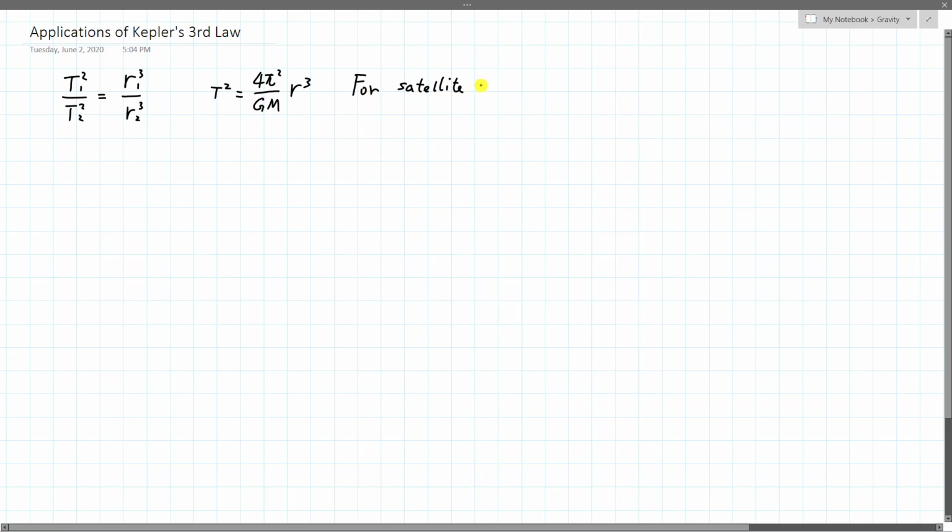So for satellites orbiting a planet, then M is the mass of the planet. And the T is the satellite's orbital period, the satellite's period.